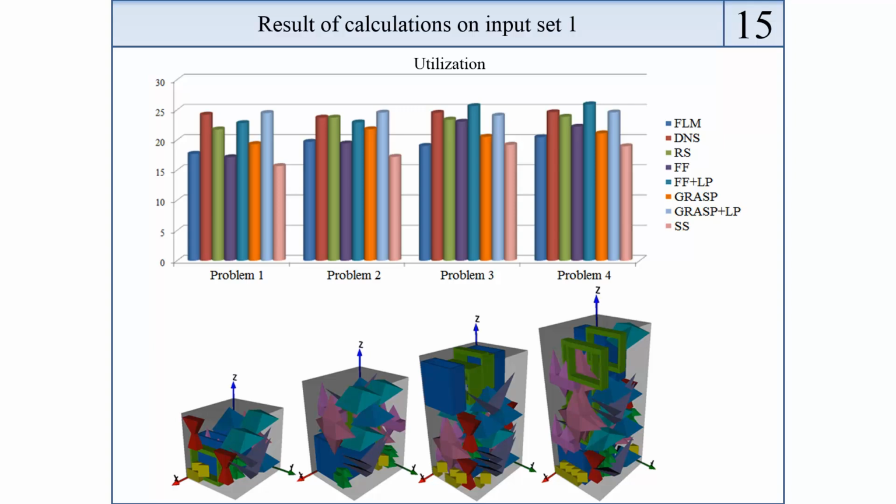Results showed that for the first two problems, the best solution was obtained using the GRASP plus local search method. For the last two, the best solution was obtained using first fit plus local search. Utilization of the best found solutions is also given.